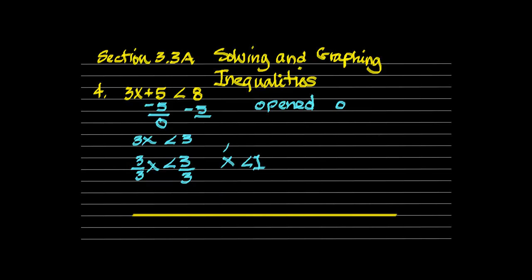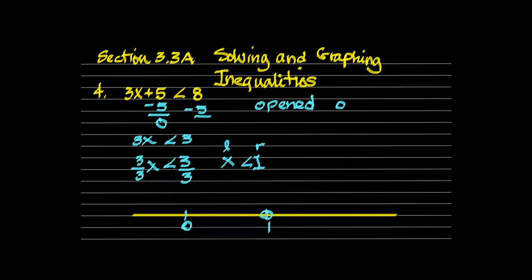I can see my x's on the left-hand side, the numbers on the right, so I don't need to rewrite this one. So now I need to show 0. I need to show 1. Remember that this time it's opened. It's less than. There's no bar underneath it. So I show an open circle. This is telling me that I'm pointing to the left, so that means I shade to the left.